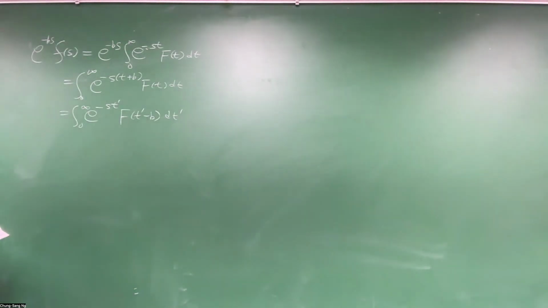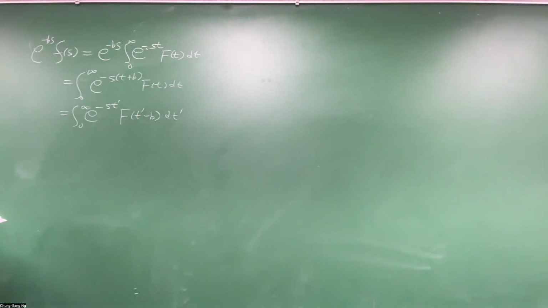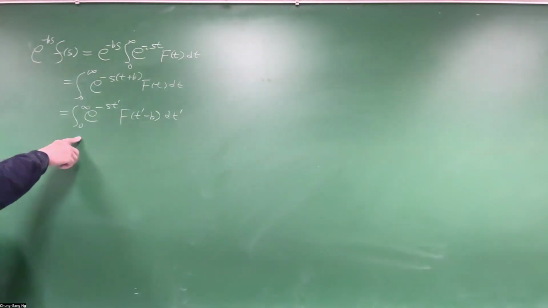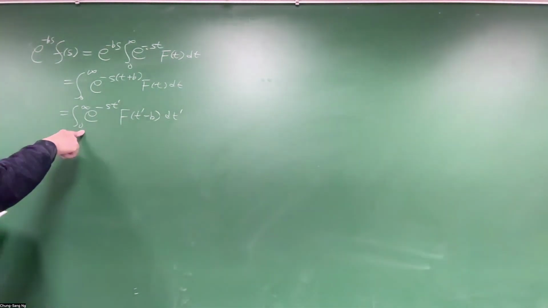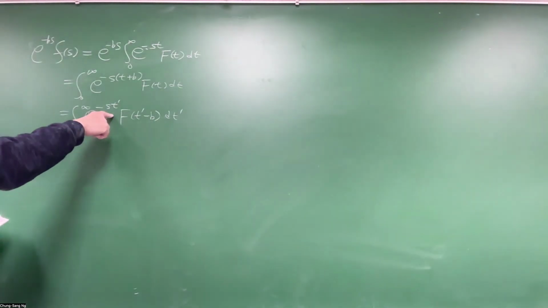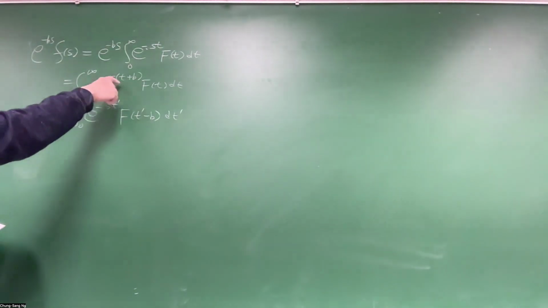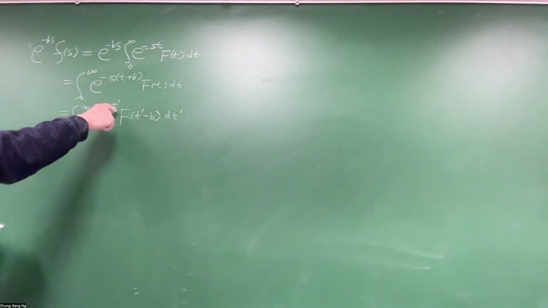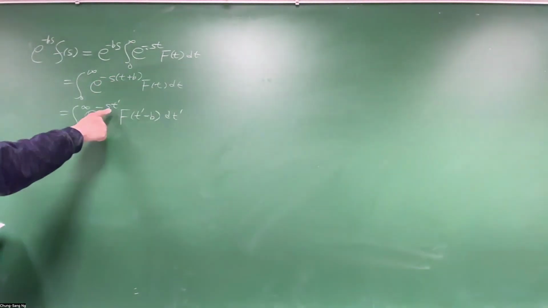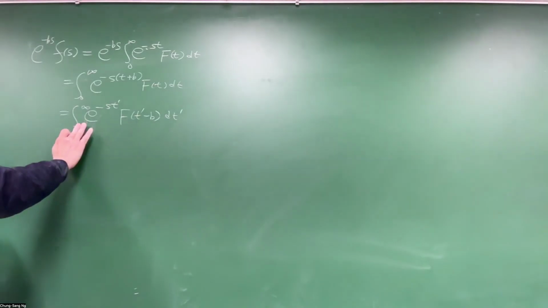But then you need to be a little careful in the limit, because now t prime is t plus b. t starts from 0, so t prime actually starts with b, right?